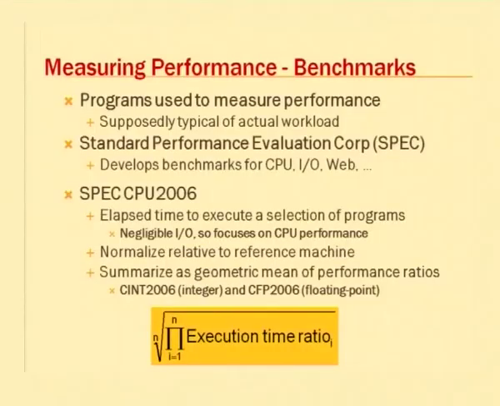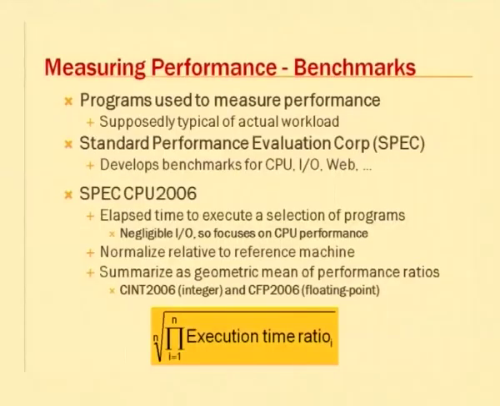Now that we know how to measure performance, how are different processors in general compared? To understand this, we need to know that there is something called benchmarks, which are standard programs used for comparison.